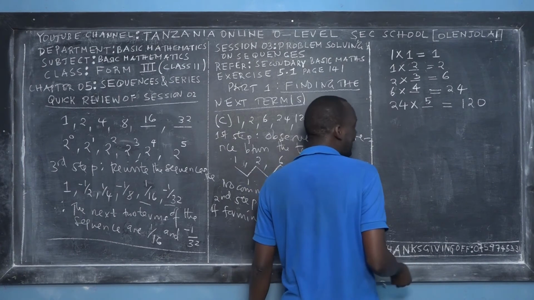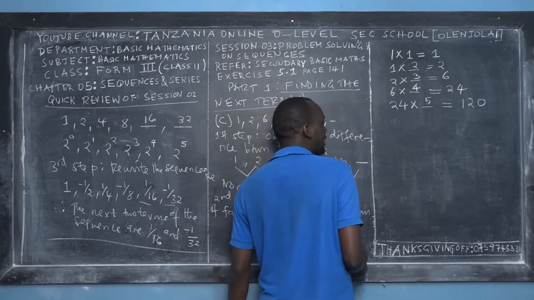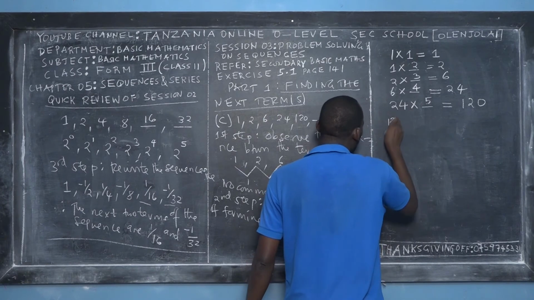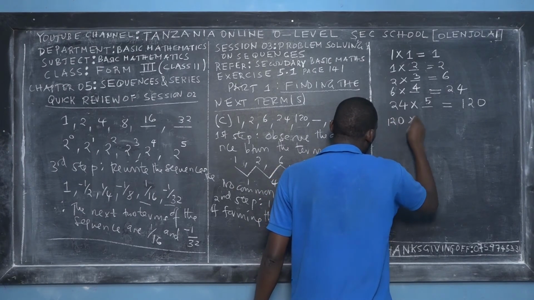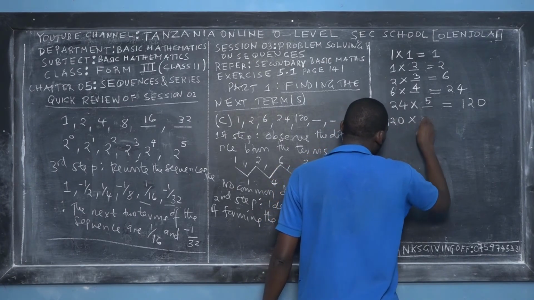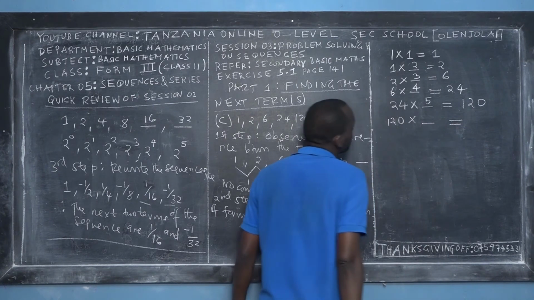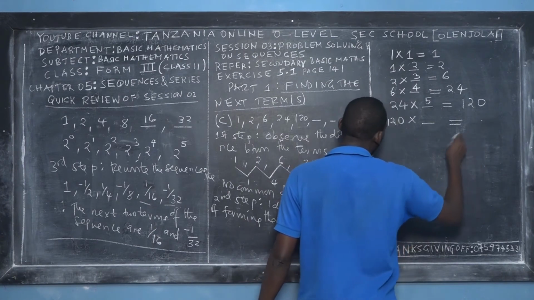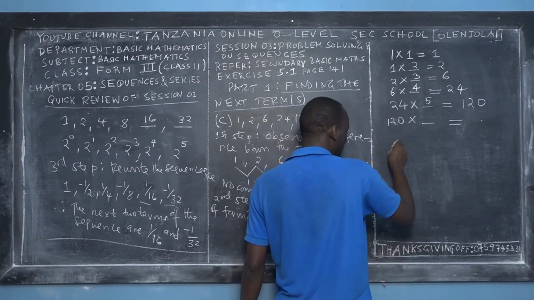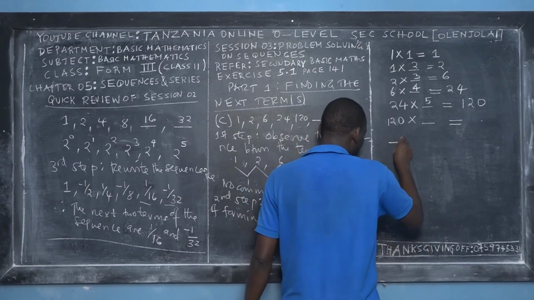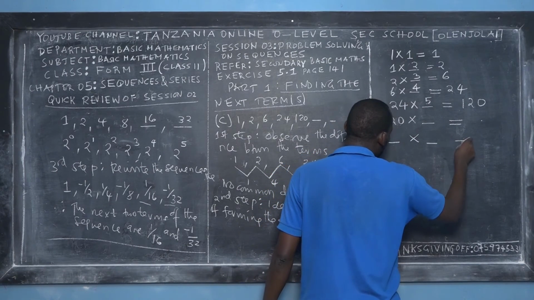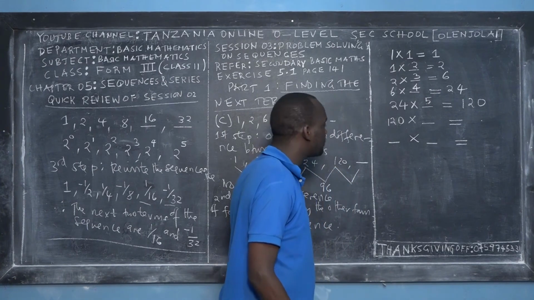So with this arrangement, we now take the fifth term, which is 120. We think, what should we multiply with in order to get the sixth term, which we don't know yet, the dash?